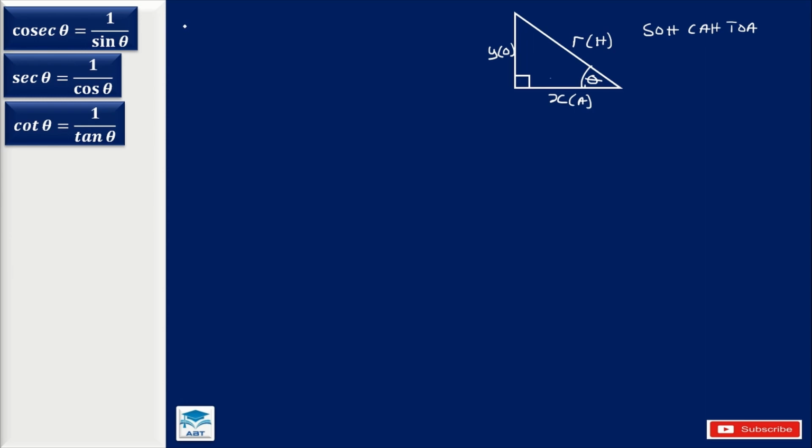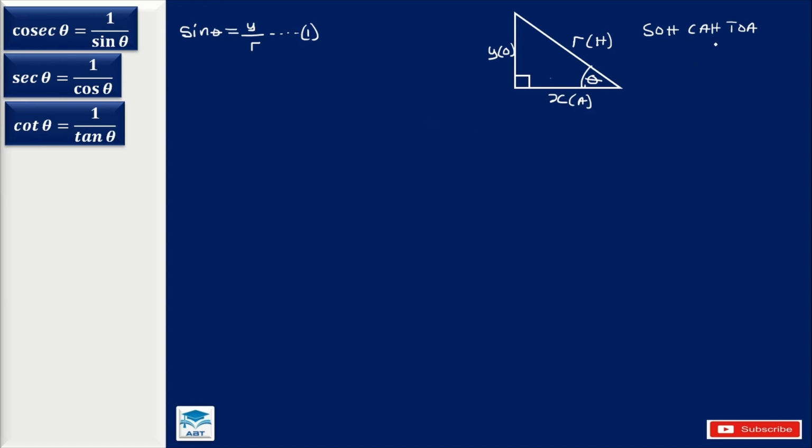So we have sine theta is equal to the opposite, which is y, over hypotenuse, which is r. Let's call this equation 1.